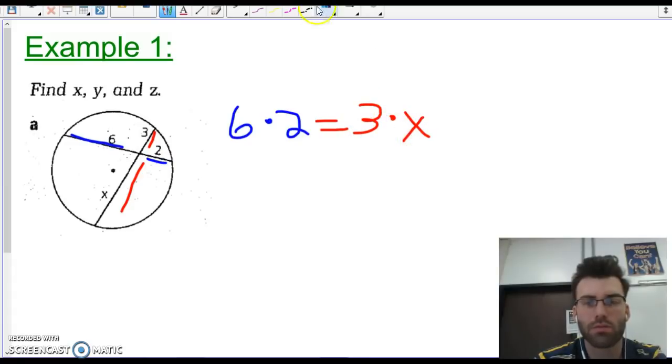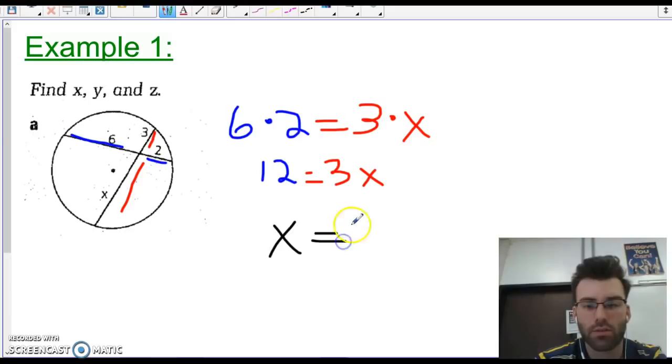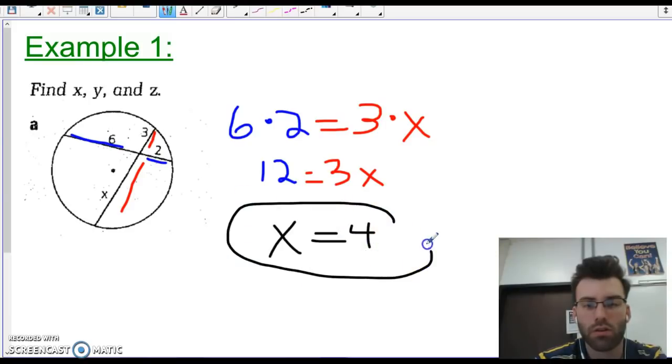We all know 6 times 2 is 12. And 3 times x is 3x. So you get x equals 4.